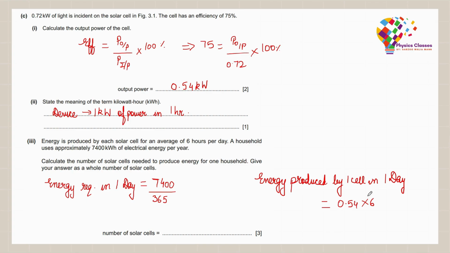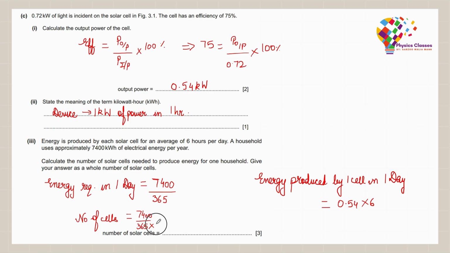So now if I want to calculate the number of cells, it would be the total energy required in 1 day divided by the energy output of one cell. So we would simply do 7,400 divided by 365. This is the energy required in 1 day, and then this has to be further divided by 0.54 times 6.